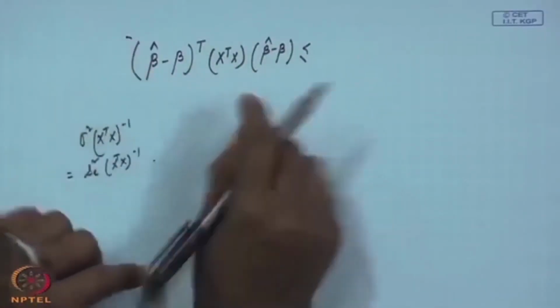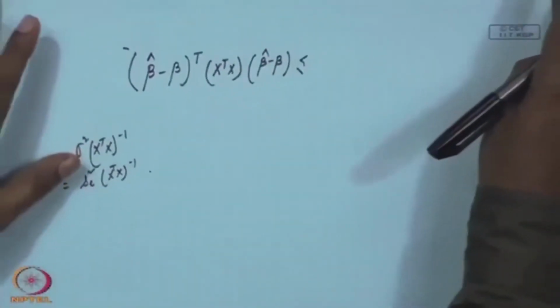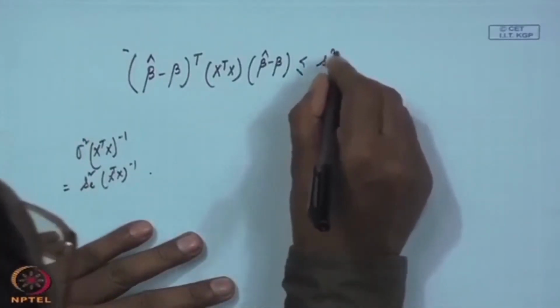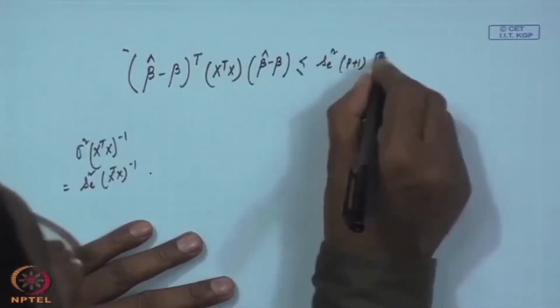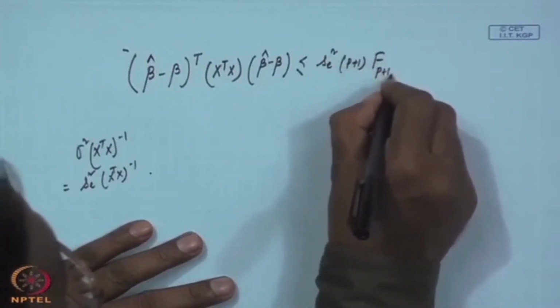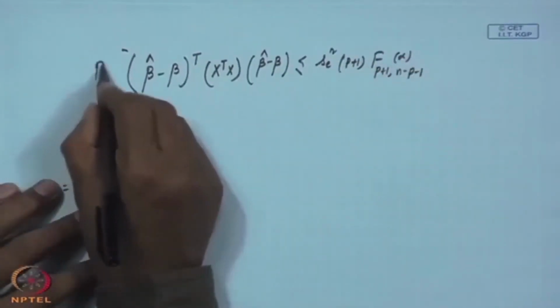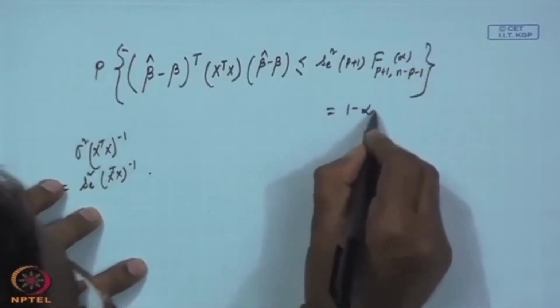Derivation may be something, people will come in some different way, but this is the way we will understand for our application. So, this is S E square p plus 1 F p plus 1, n minus p minus 1, alpha, the probability that this quantity will be less than this is 1 minus alpha.